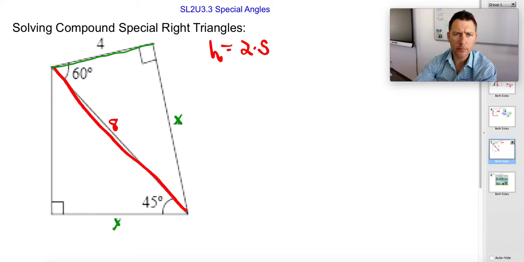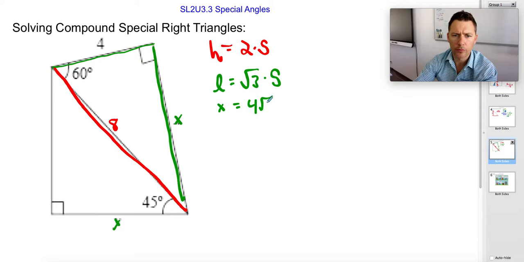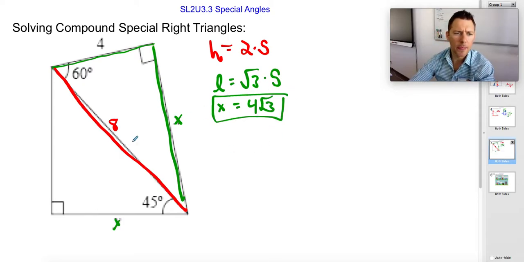Great. X isn't too bad either, because that's the long side. The long side should be root 3 times the short side. So the long side is called x, the short side is 4, so x should be 4 root 3. Great, so we found the x.